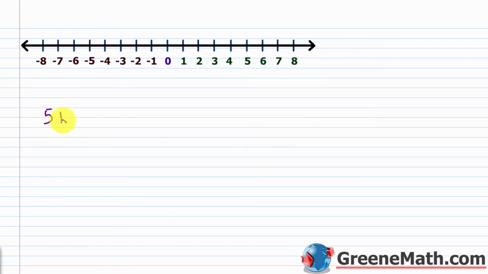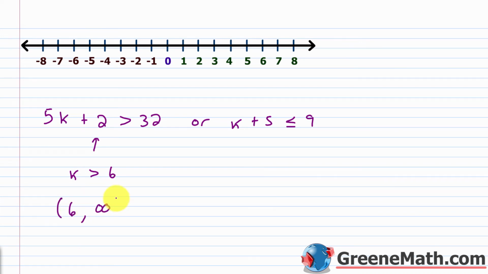So again, we have 5k plus 2 is greater than 32, or we have k plus 5 is less than or equal to 9. So for this guy, we found that k was greater than 6. In interval notation that looks like this, you have 6 comma infinity with a parenthesis at each end. Graphically, I'd put a parenthesis at 6 that faces to the right, and I'd shade everything to the right.